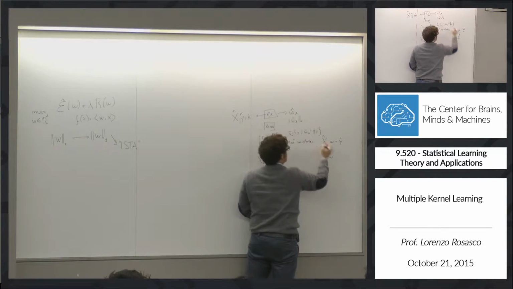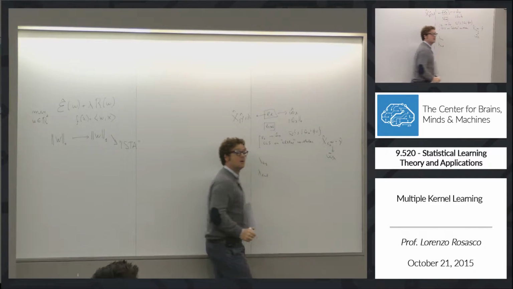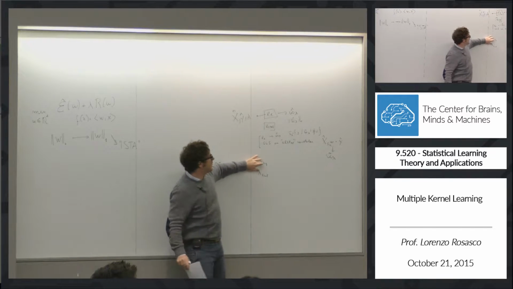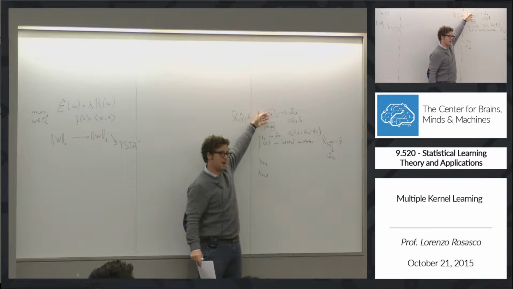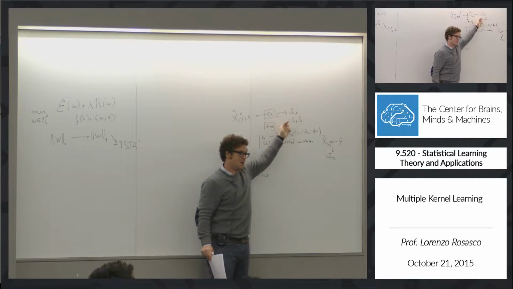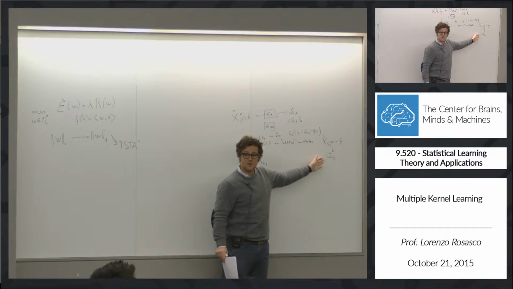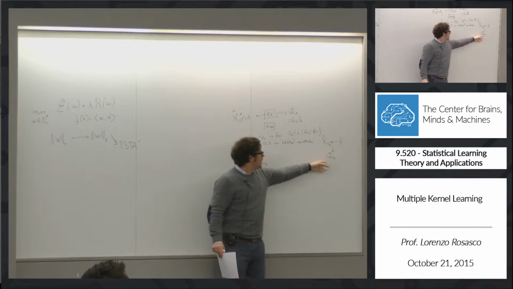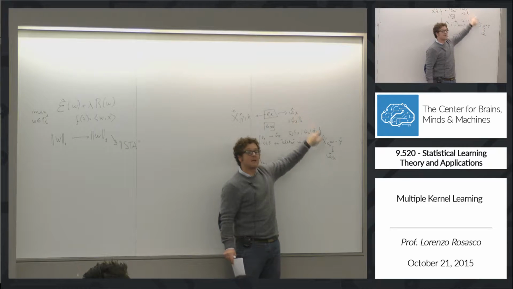But it's not this one here, so let me put a tilde rather than a hat. So for each lambda, I can compute two solutions: the solution of the pure L1, the one I call with a hat, and the solution of the L1 plus OLS, which I denote by W tilde.